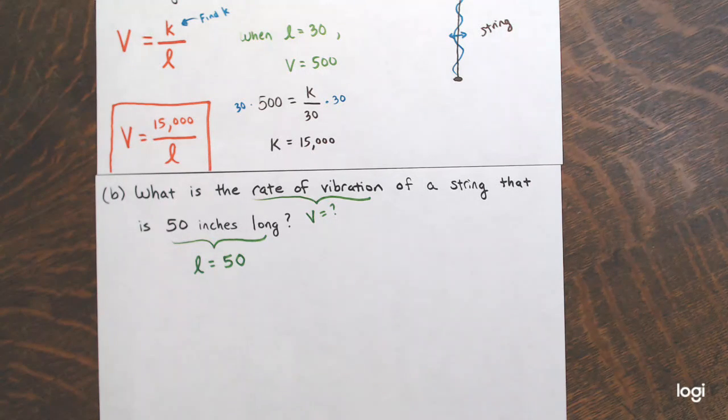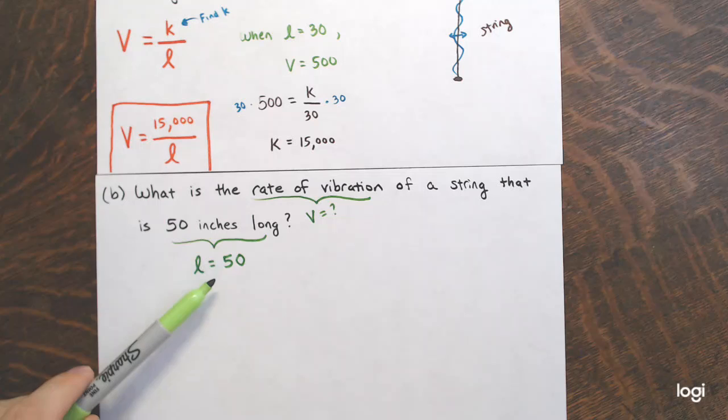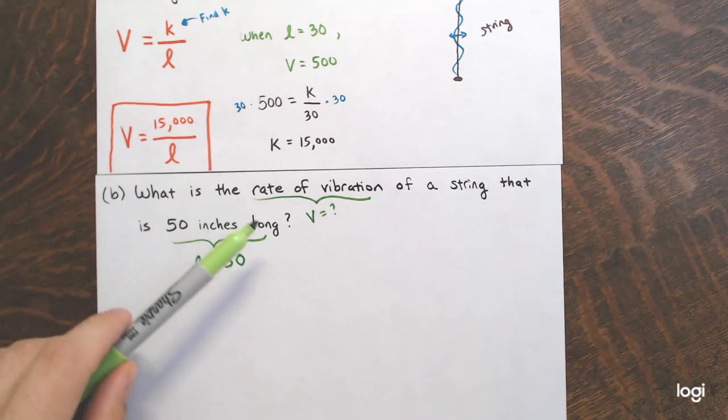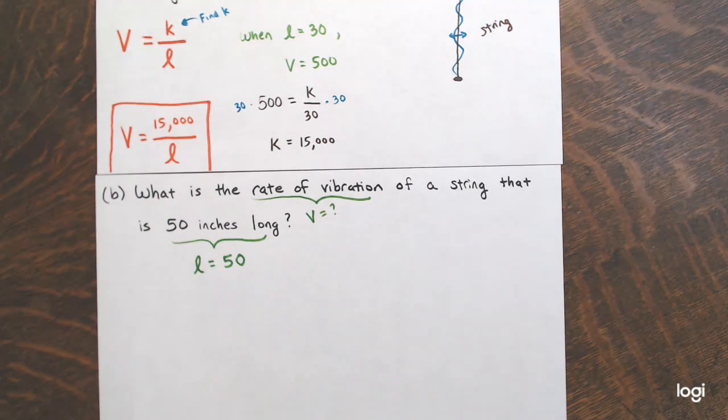So this is again a very simple matter. I'm replacing L with 50 and trying to find what V needs to be, and then I'll also answer the question in a nice complete sentence with units on my numbers so that they have meaning and make sense with the problem. That's the way you should answer any word problem, in complete sentences with units on the numbers.